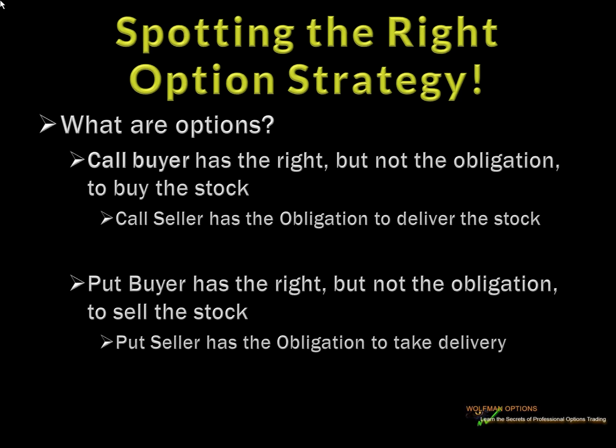The seller of a put has to buy that stock at that strike price, okay? So if the underlying goes way down and I sold that put, I'm going to have to buy it up there, okay? So keep those levers and pulleys working in your head. The call buyer can buy the stock. The put buyer can sell the stock.